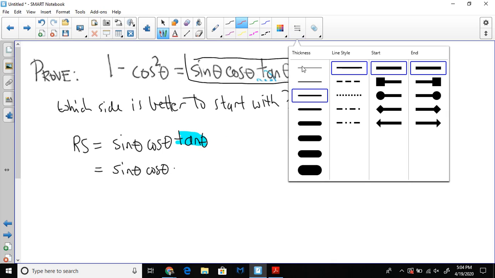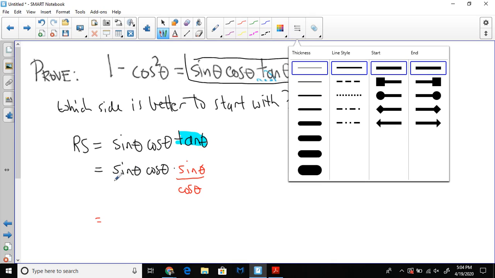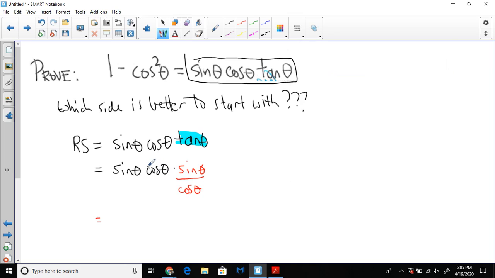Tan is sine theta over cos theta. Now this is all being multiplied together, so it's sine times sine over cos. The coses actually go away, so I'm going to have sine squared theta, because sine times sine is sine squared.